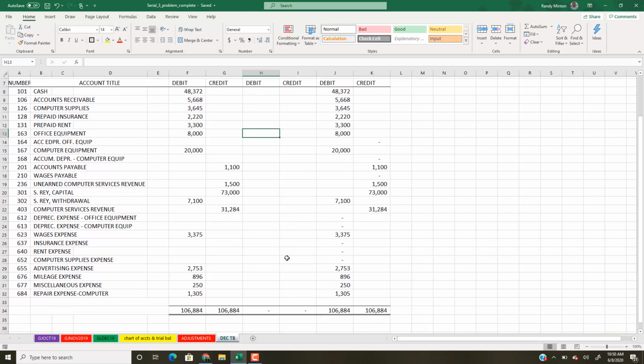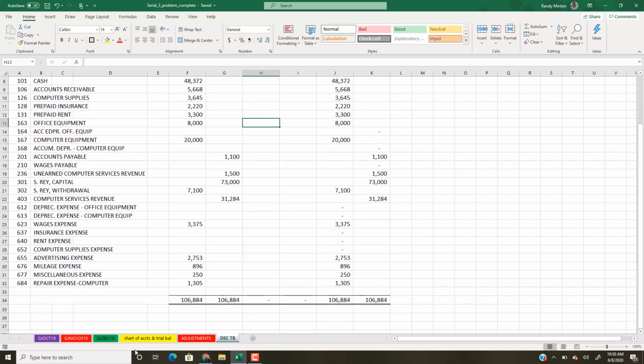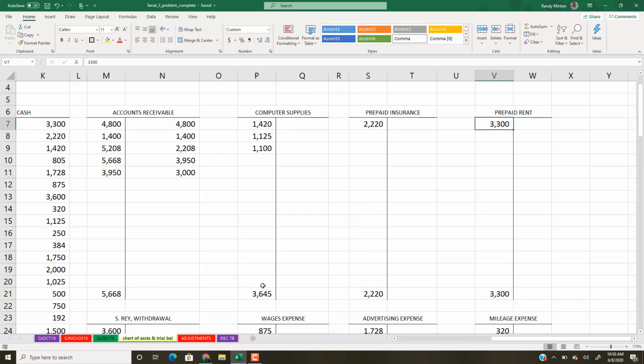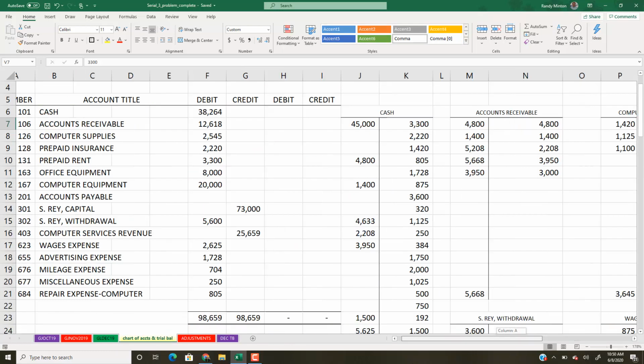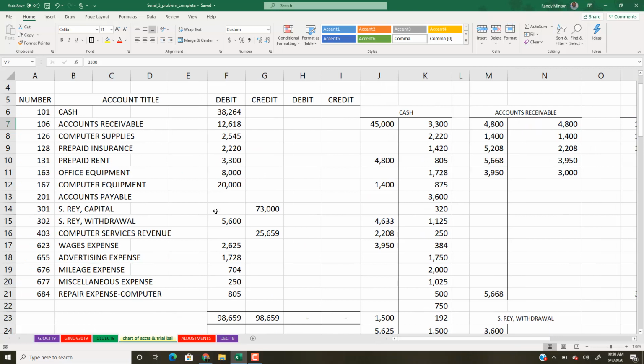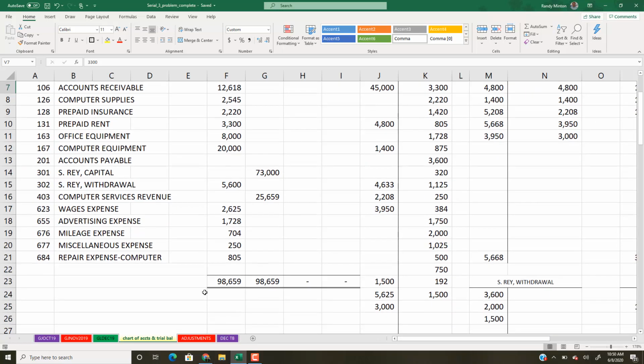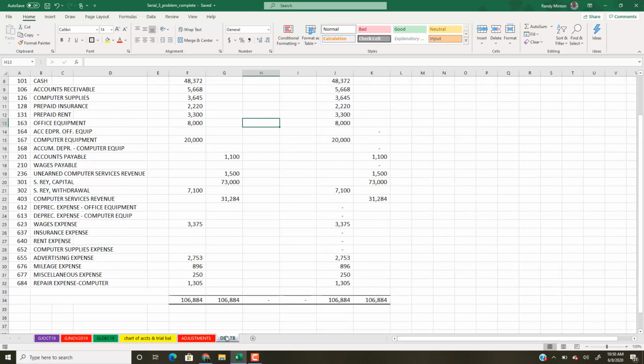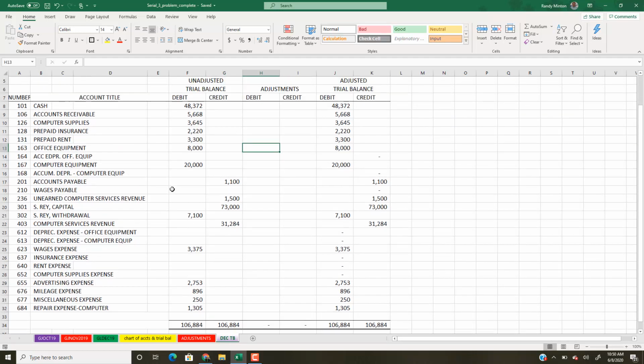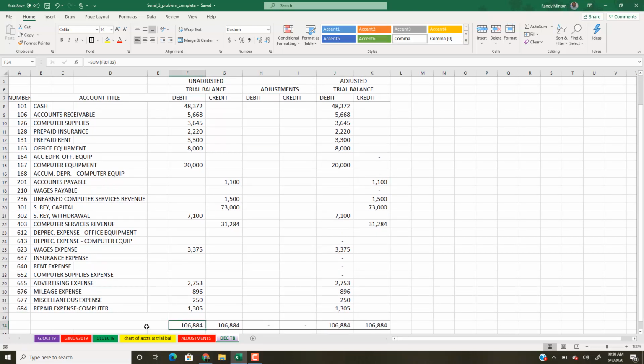Now, if I look back over at the trial balance, here was the trial balance at the end of November, and you notice it's 98,659. But what we did was we made a bunch of entries into the accounts in December and it changed everything. So we went from 98,659 to 106,884.